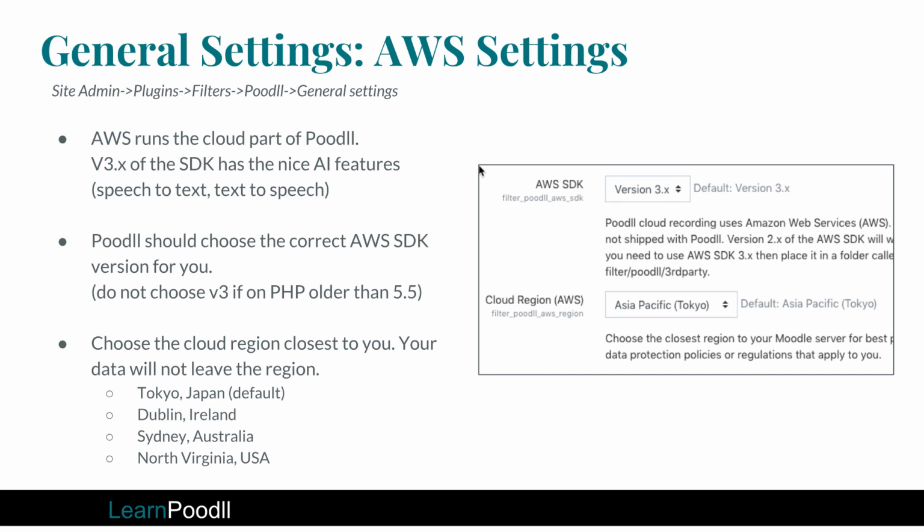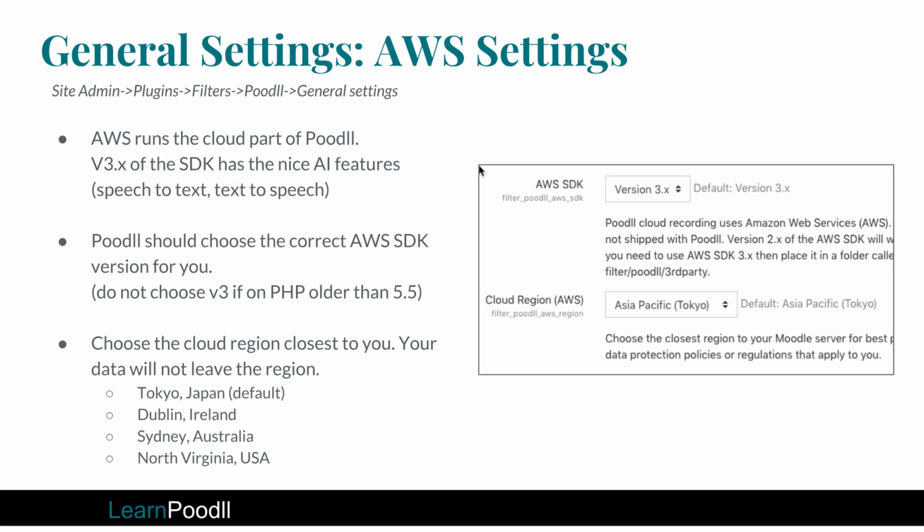Also on the general settings page are the AWS settings. So AWS is Amazon Web Services, and Poodle relies heavily on AWS for various services, including audio and video file storage and conversion, as well as some of the newer features, the AI features for text to speech and speech to text. So the version of the AWS SDK that we are using should be automatically selected for you by Poodle.